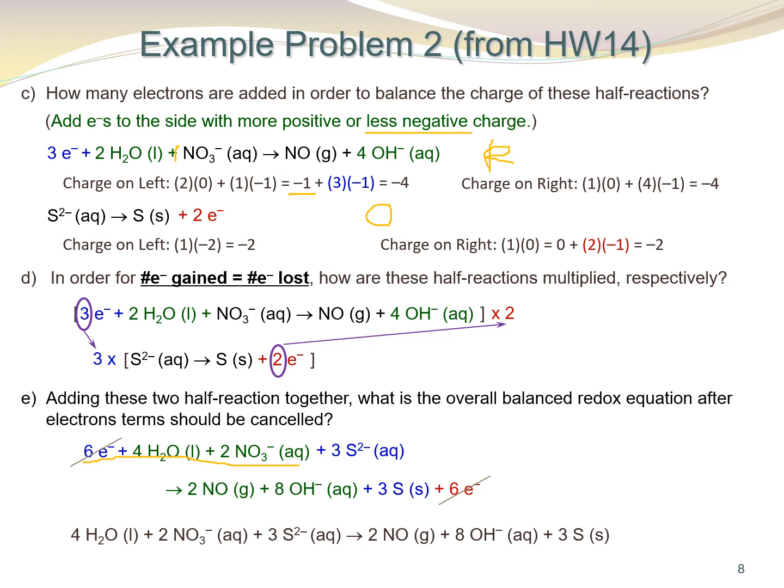That is the easiest way to do it. And sometimes you may find out, especially in homework assignment 14, that you may have to reduce the overall reaction a little bit. And this is how we balance the redox reaction.